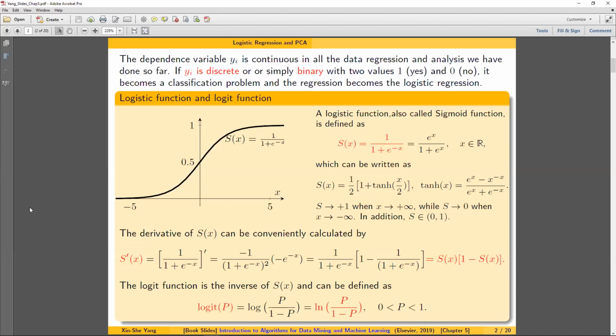But now, what if y_i is discrete or simply binary? You can only predict either 0 or 1, binary dependent variables. Then it becomes a classification problem. I want you to pay attention to this word, classification problem.